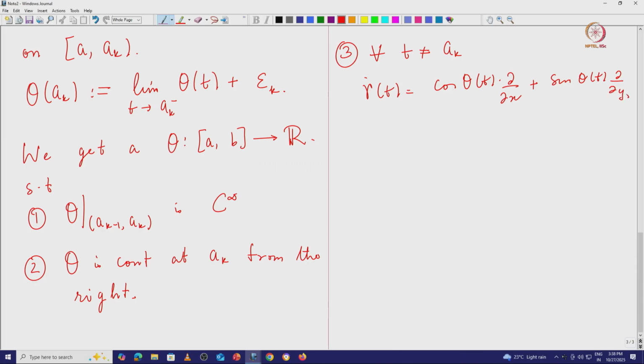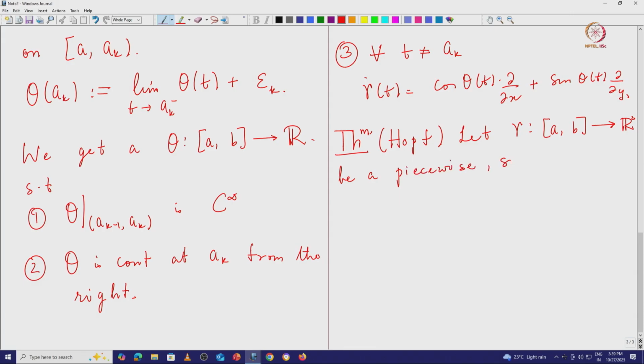Okay. All right. So then the main rotation angle theorem, due to Hopf, says the following remarkable fact: let gamma be a piecewise smooth simple closed curve with the speed at the smooth points normalized to be 1, then we get this angle theta from above.